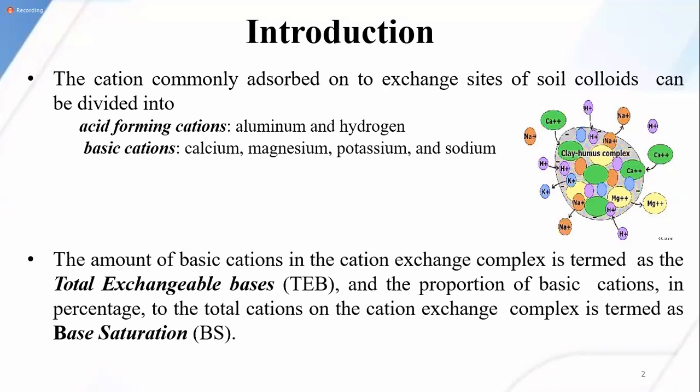Okay. So here they give a simple definition for total exchangeable bases. So that is the amount of basic cations in the exchangeable complex. Okay. So you can observe in this picture the exchangeable sides of the soil colloid.